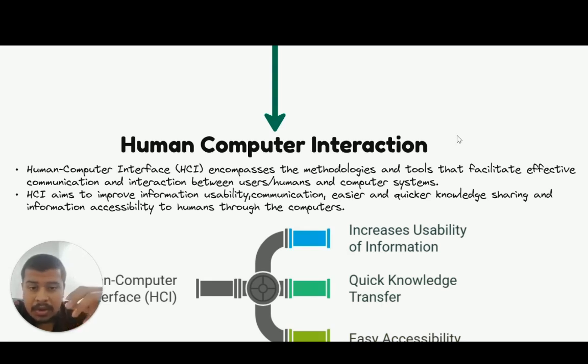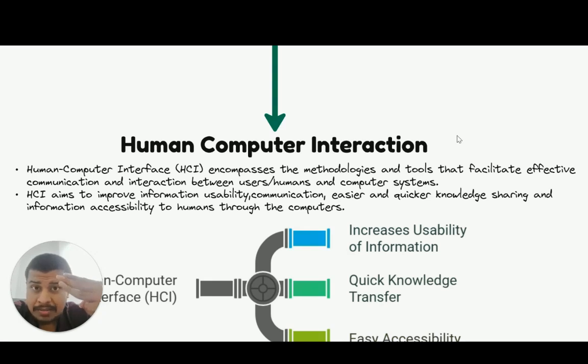So these interfaces could be a form of technology or a methodology or any tool. It is just a tool or a methodology or a technique or a medium through which we communicate to computers.